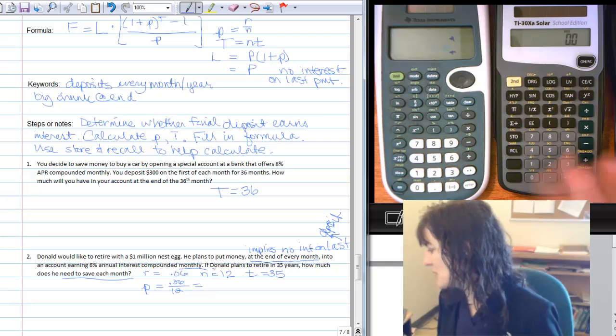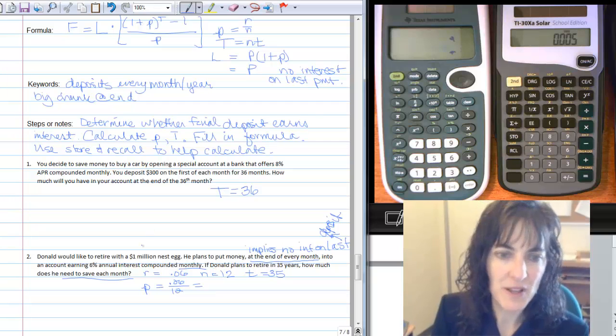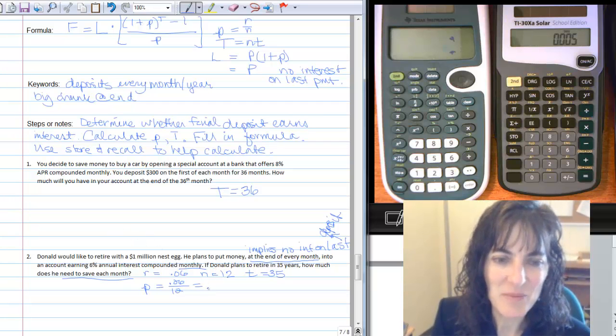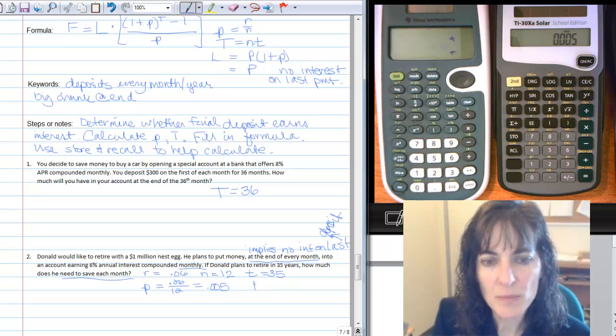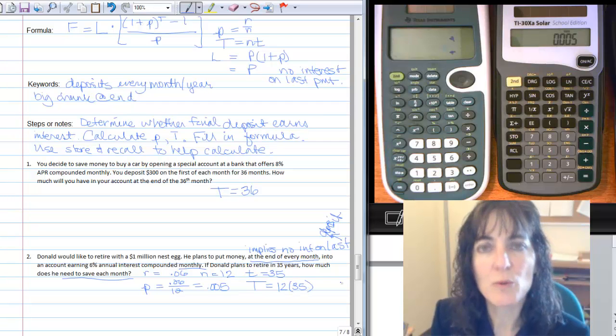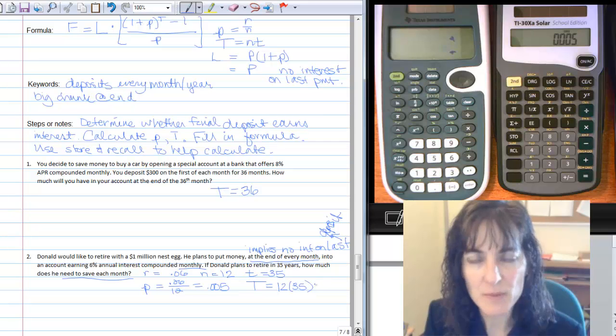So 0.06 divided by 12, yeah, 0.005. We just did that on the last example. And then the capital T is going to be n times t, so 12 times 35. So 12 months in a year times 35 years.